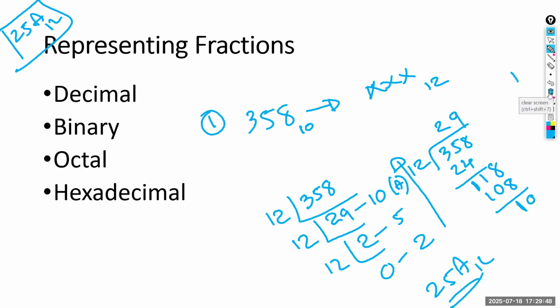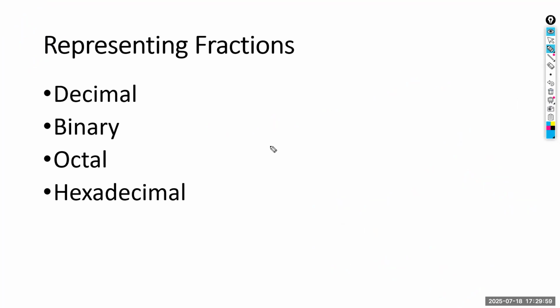Likewise, it can be base 3, base 5, base 7, base 21. Who cares? And this is our next exercise. This is easy actually. Say this is my number: 365 in base 7.